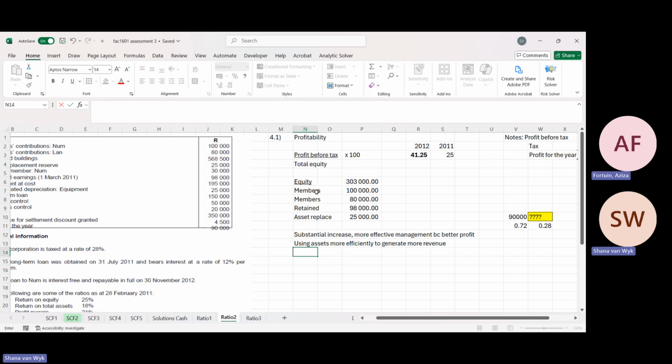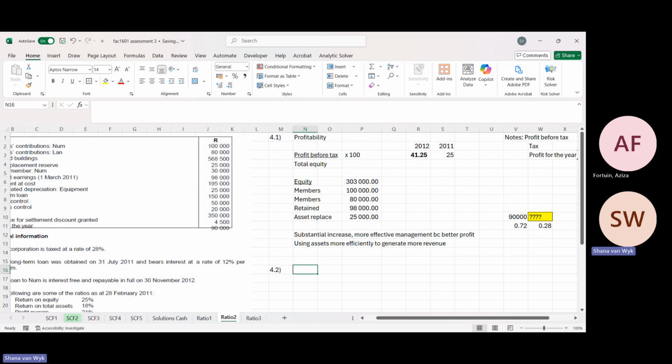If we have less equity in the business, then that's not the best. So profitability, we are mainly focused on the profits, how we are using our profit in terms of equity.